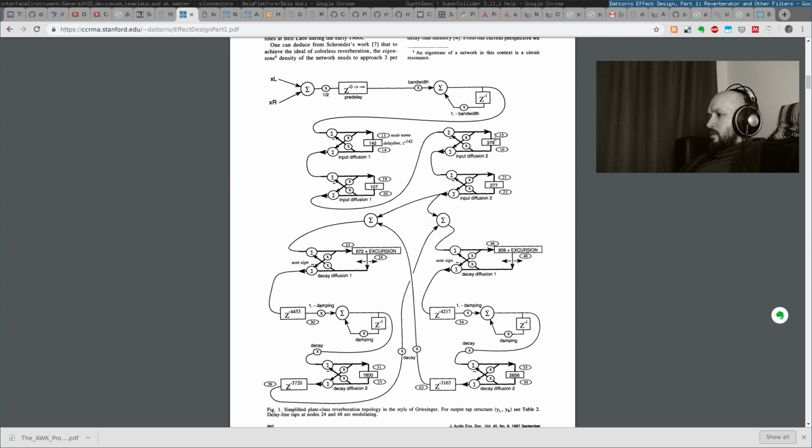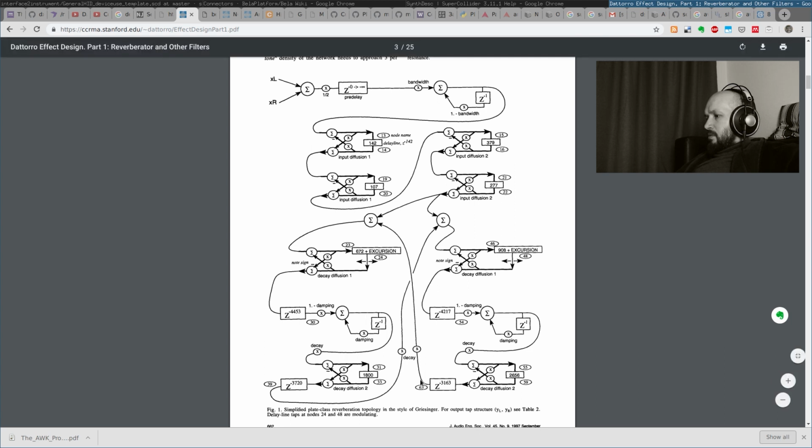As you can see, the biggest one is 378 samples here, and here we have 4,000 and a half. Okay, the next thing is the same low-pass filter as here. The parameter here is called damping, but this knob controls two filters at once, as well as decay diffusion here controls this guy as well.